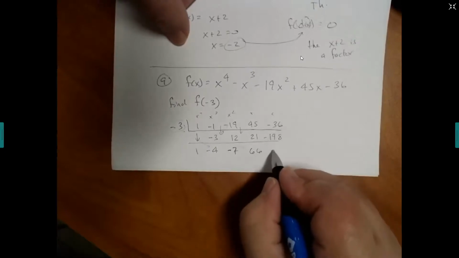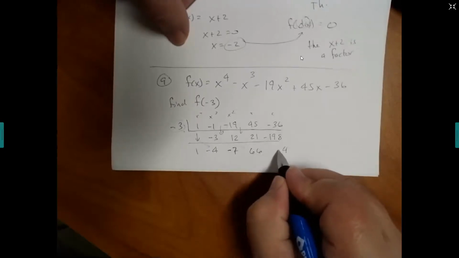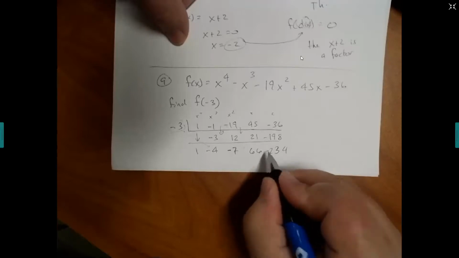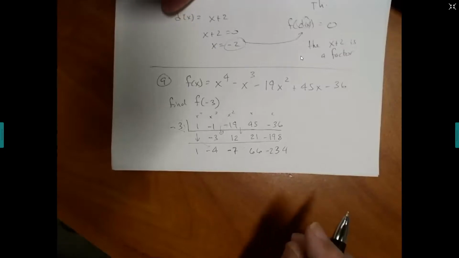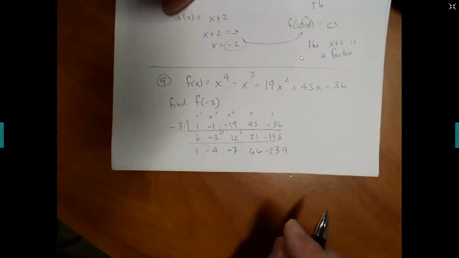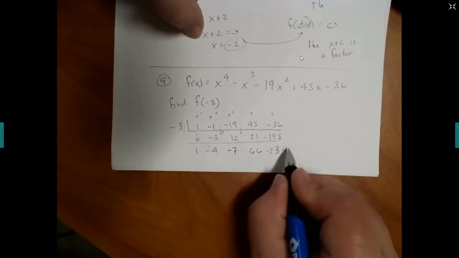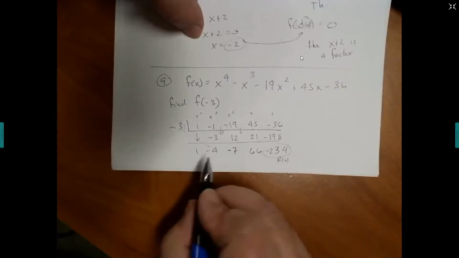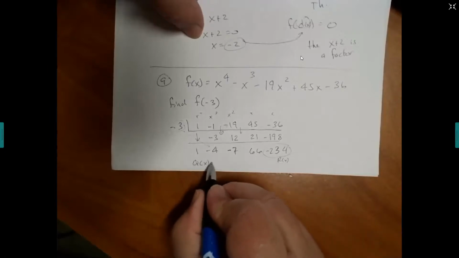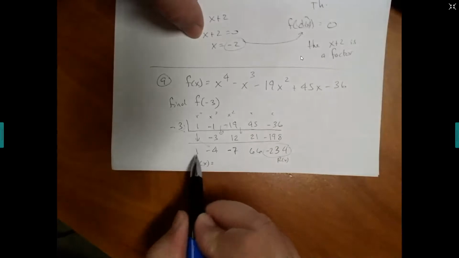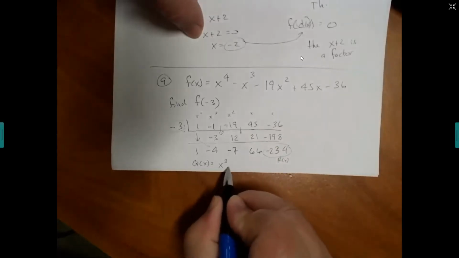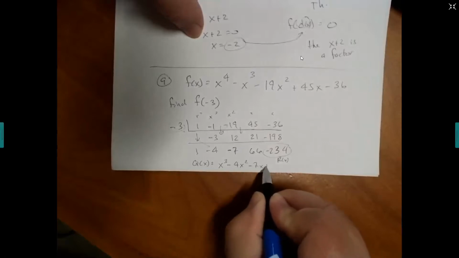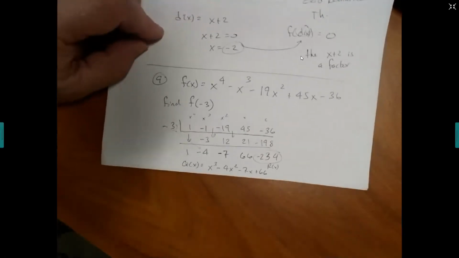And if we add them together, we get negative 234. So there's my remainder. And my q of x, since it's x to the 4th, this one starts off with x cubed minus 4x squared minus 7x plus 66.